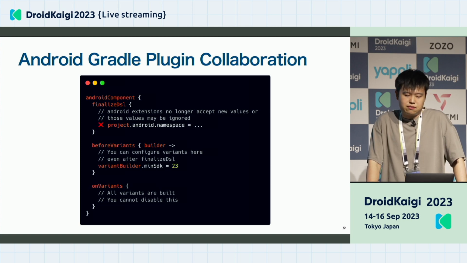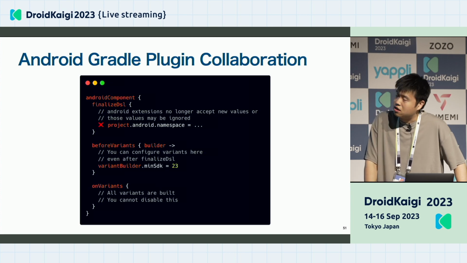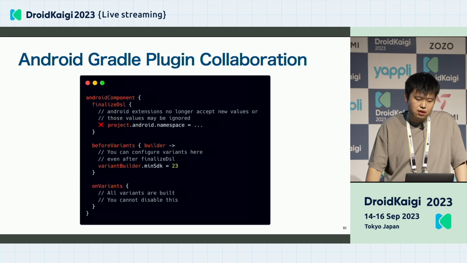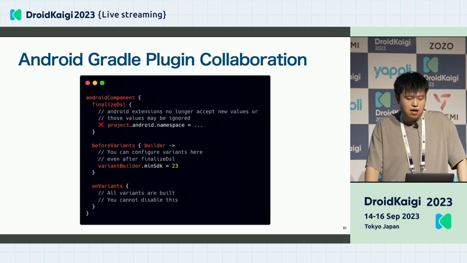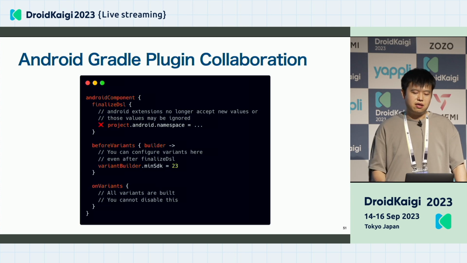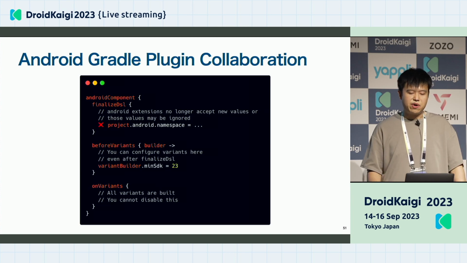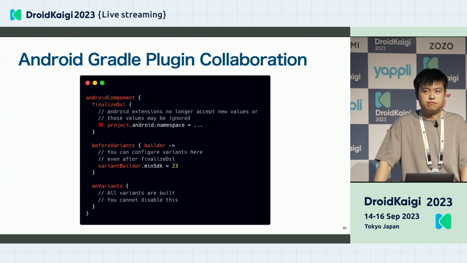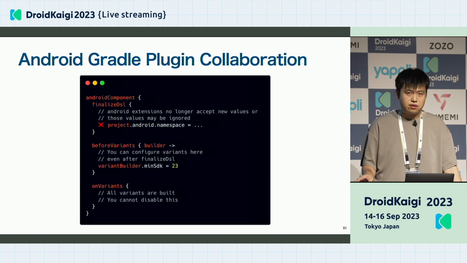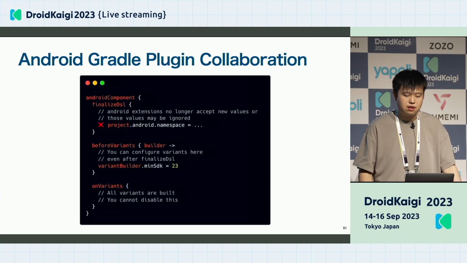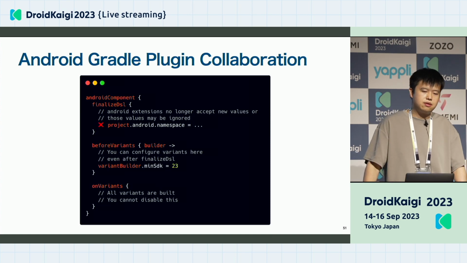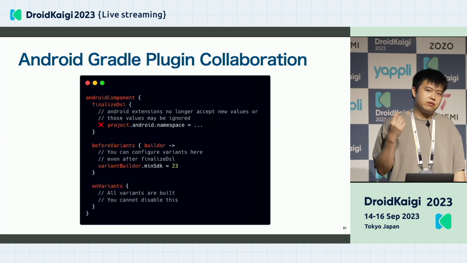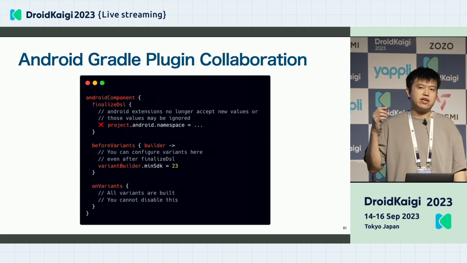Android Gradle plugin provides lifecycle-based APIs, as you can see in this figure. For example, finalize DSL will be called first. Basically, you don't need to do something here, but you should remember that extensions like project.android are programmatically frozen. So maybe you cannot assign new values to the Android extension, or such values will be ignored.